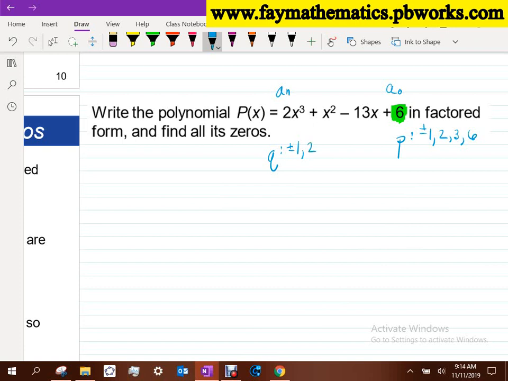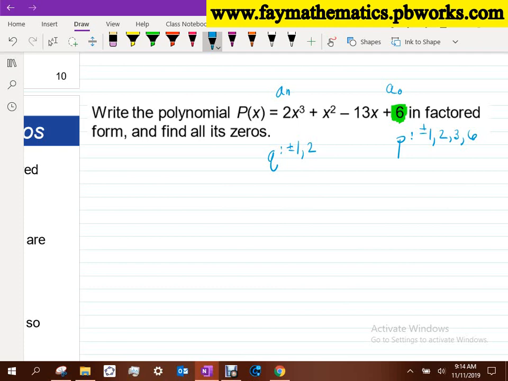And here's where it starts to get kind of fuzzy. If a sub n and a sub 0 were relatively prime, meaning they were in lowest terms and did not share a factor, but here they obviously share a factor of 2. If they did not share factors, the number of potential p over q's would be the number of factors of a sub n, so we've got 2 factors for q, times the number of factors for a sub 0, which is p, so we've got 4 of those.